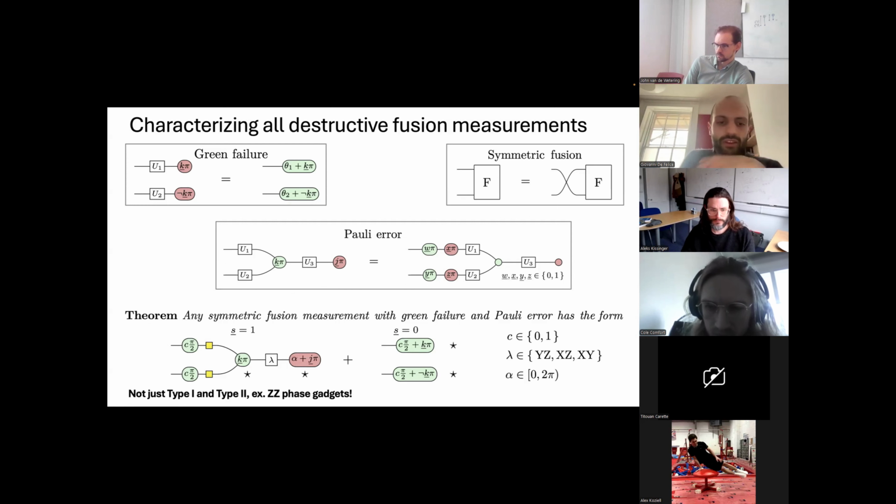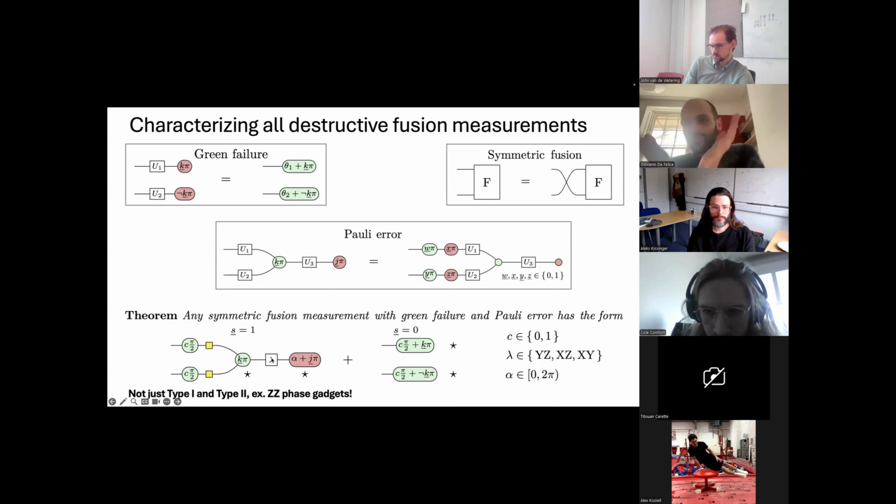If we assume these 3 conditions, then we get a general form, which is the following, where we have some possible Clifford rotations. And then basically the fusion has 3 possibilities and 1 free parameter. The 3 possibilities are the 3 planes in which you could measure this output qubit, and alpha is a free parameter, which is the angle at which you measure.